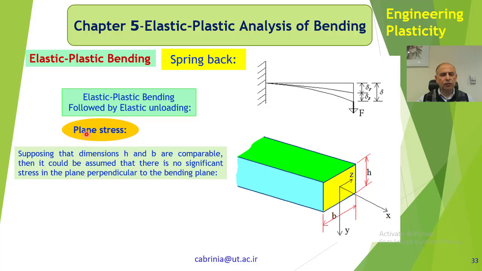If that is so, we could assume a plane stress, then we could use this solution that I'm going to show you here. Of course, what I'm going to show you is a very simple solution for pure bending. But in industry, we have molds and dies and tools which exert many stresses from different directions on the sheet metal and deform the sheet metal.